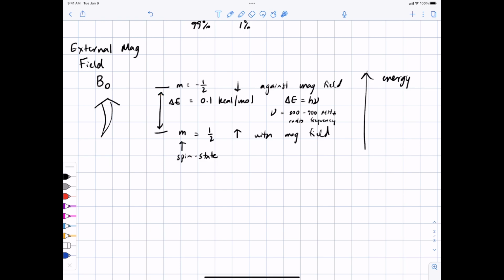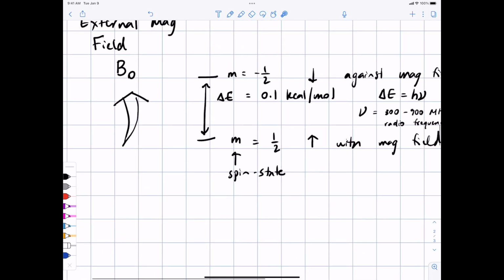So nuclear magnetic resonance simply reflects the fact that in the presence of an external magnetic field, a proton or other spin 1/2 nucleus can be aligned with the field or against the field, and there's an energy difference between those two states. The energy difference is small, such that if you calculate an equilibrium constant and how many of the protons would be aligned with versus against, it's pretty close to 1 to 1.